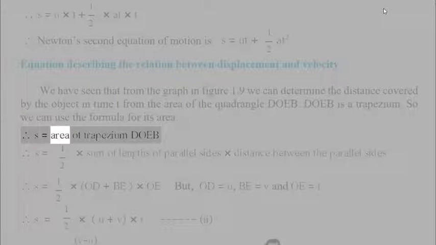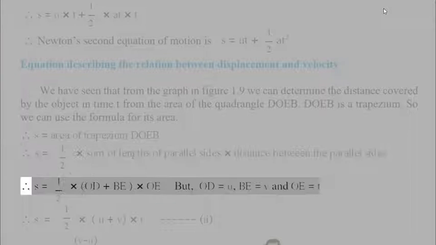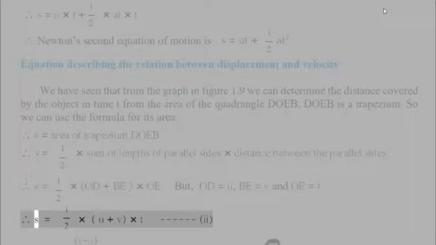S equals area of trapezium DOEB, equals 1/2 times sum of lengths of parallel sides times distance between the parallel sides. S equals 1/2 times (OD plus BE) times OE, but OD equals u, BE equals v and OE equals t. S equals 1/2 times (u plus v) times t.